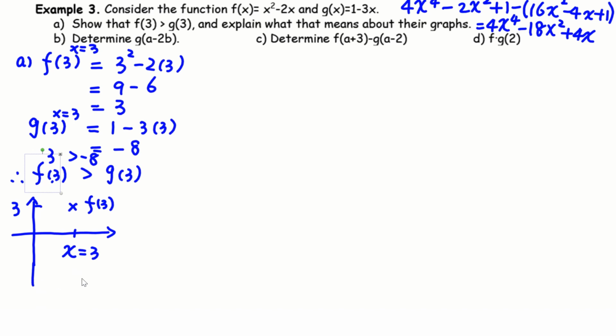It is here, g at 3 is negative 8. So on the graph, it means that 3 comma f at 3 is a point on the graph, and 3 comma g at 3 is another point on the graph.